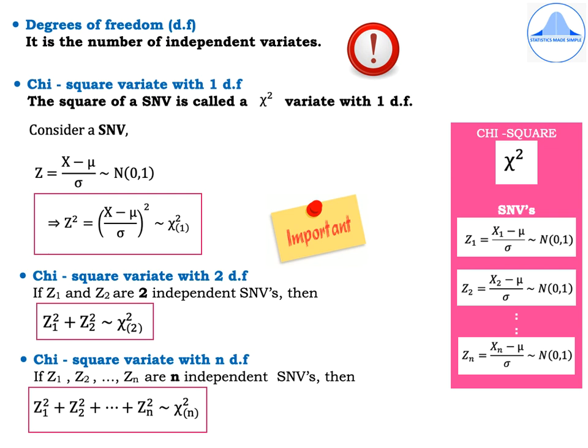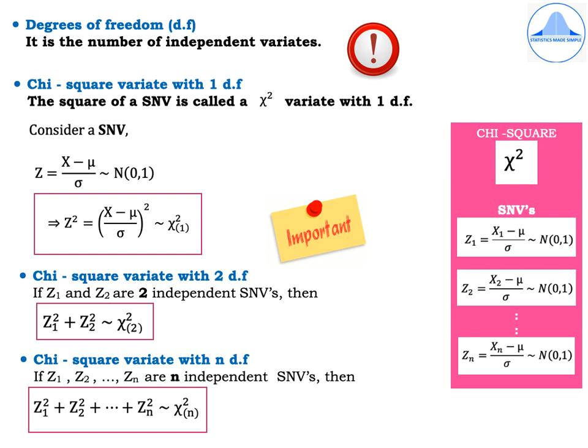Then similarly, let us define what is a chi-square variate with n degrees of freedom. What is n degrees of freedom? It means that we need to have n independent normal variates. So if I have Z1, Z2, and so on up to Zn as n independent SNVs, what will the Z1 formula be?